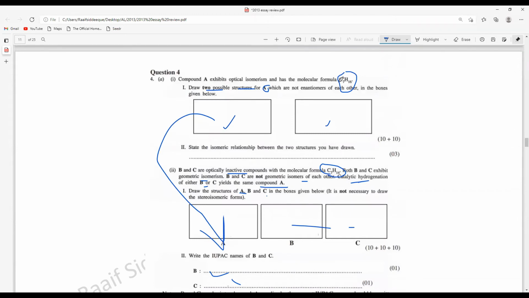Okay, this cannot be aromatic because it cannot show optical isomerism. Then point by point, try to get the idea. This is optical isomerism, so draw one of the optical isomers, try to change the structure and find another one. So you can draw two structures. That is the idea.